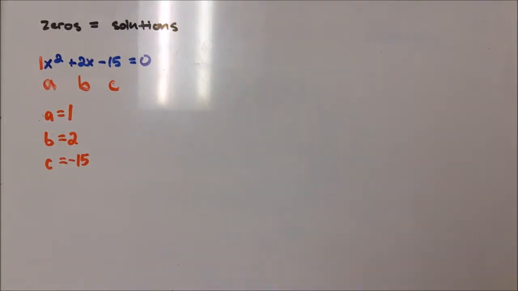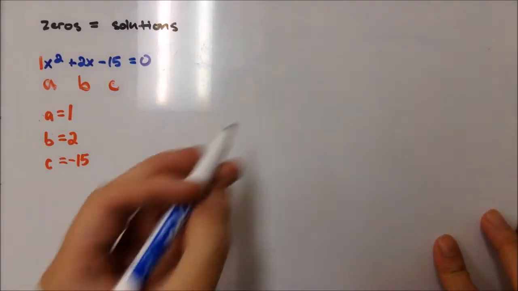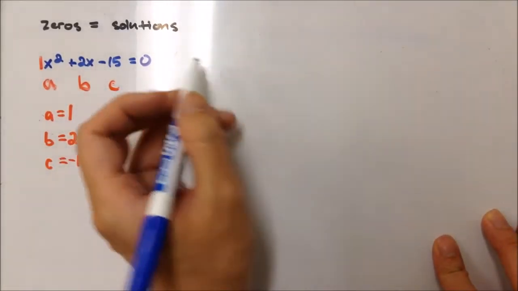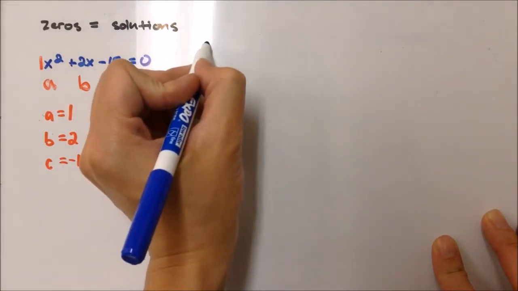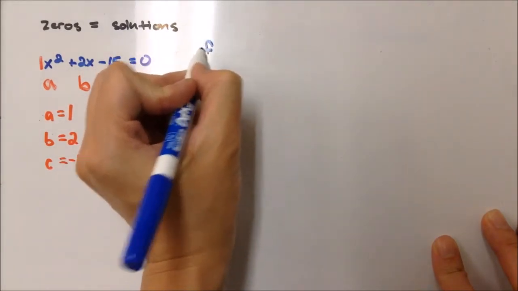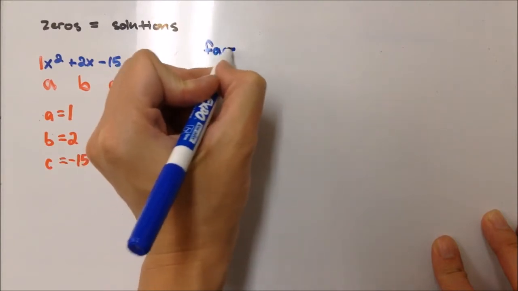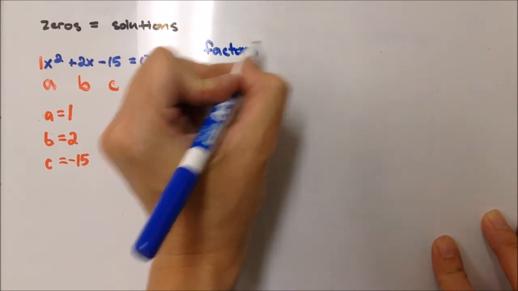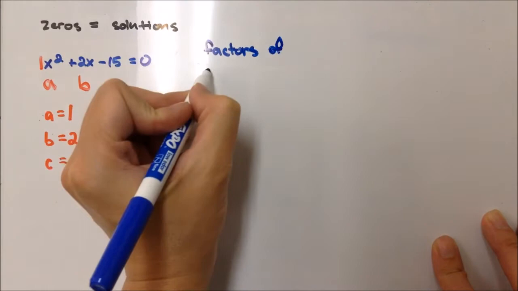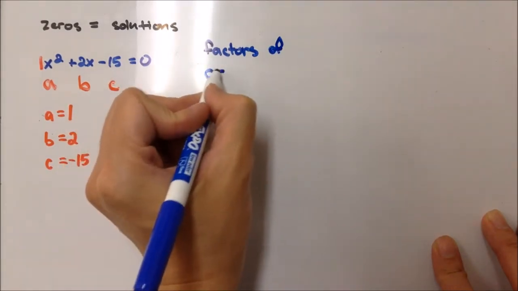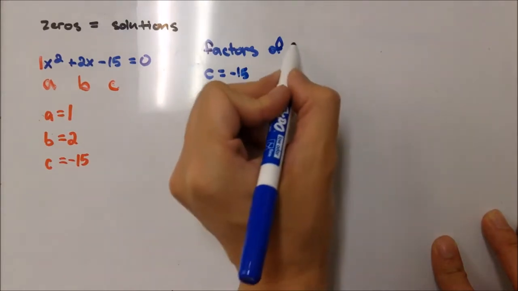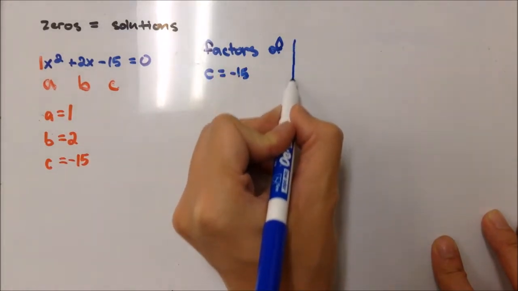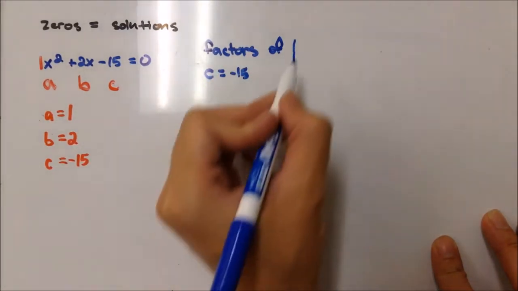Now, since A is 1, what we can do is use the t-chart to factor out your work and your data. So let me write out factors of C. In this case, our C is negative 15. So I am going to write a line here.